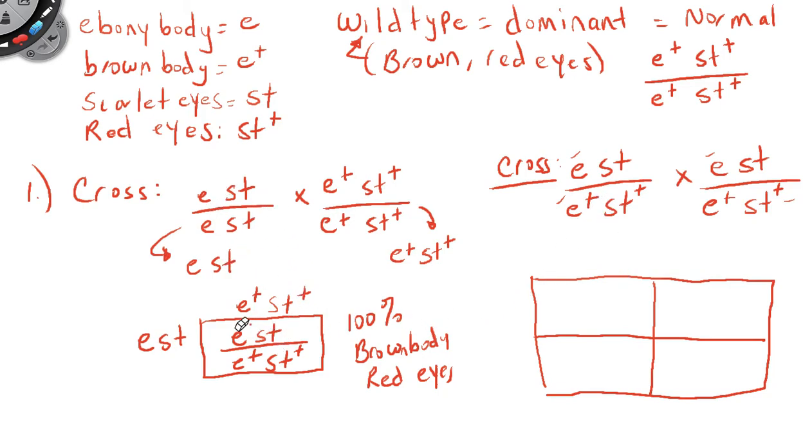Just double check here. Okay, so this one's right. Yeah, I'm doing it right. All right. So then you could do this and this, and then you could do this and this, right? And then this is what you're going to end up with.